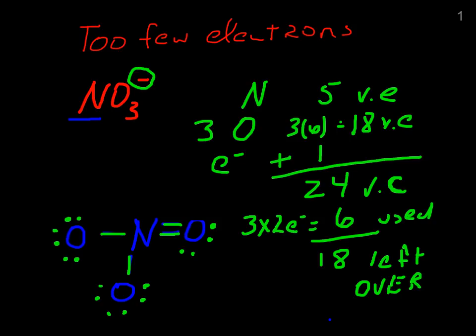Each oxygen has 8 electrons. 2, 3, 4, 5, 6, 7, 8. Anyway, you get the idea. And the last coup de grace on this is to place this in large brackets representing the fact that it has a negative charge. Okay?